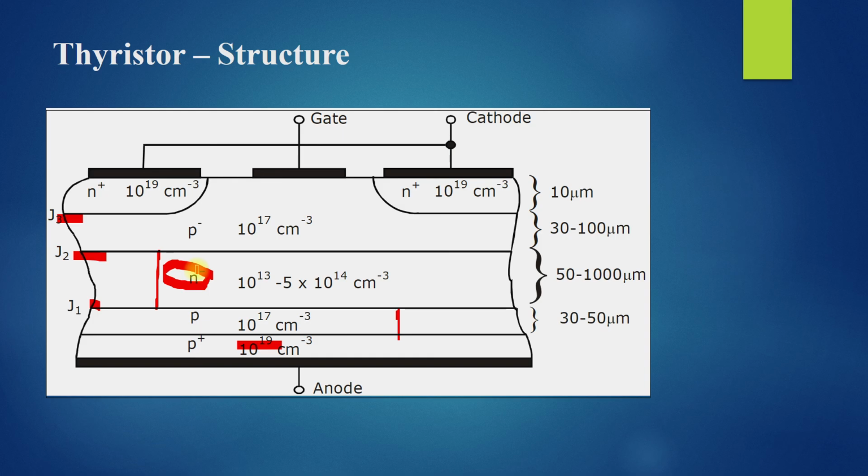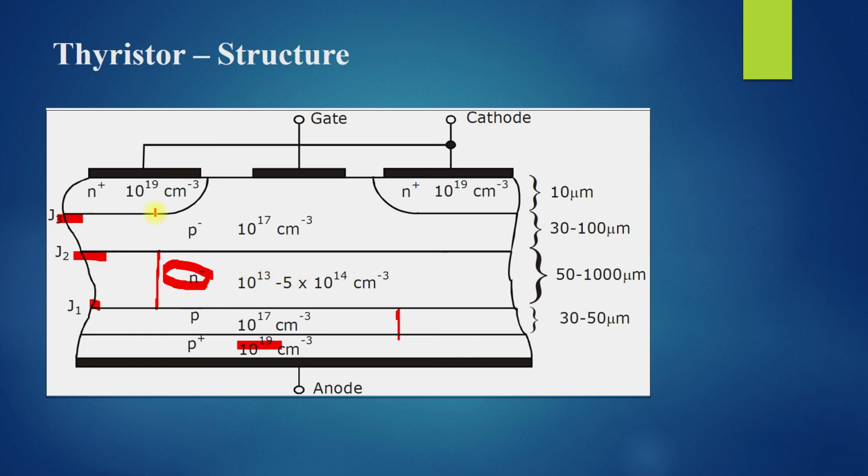Layer N1 being lightly doped as compared to P1, junction J1 has a larger breakdown voltage. As a consequence, during the reverse blocking of the thyristor, junction J1 supports most of the reverse voltage, and layer N1 absorbs most of the voltage during forward blocking mode and also during the reverse blocking mode of the thyristor.